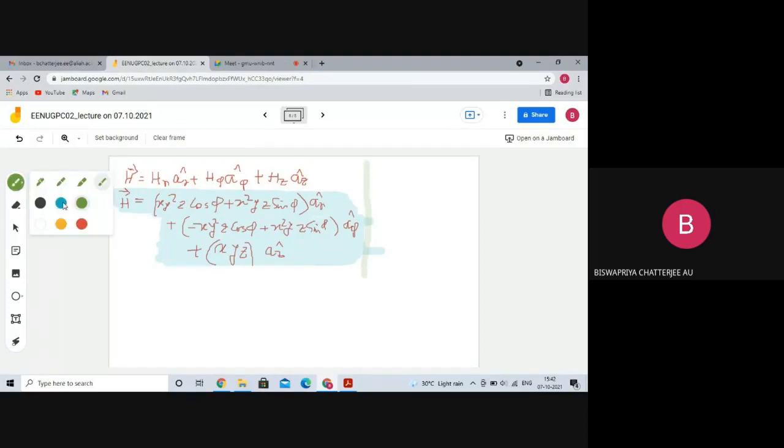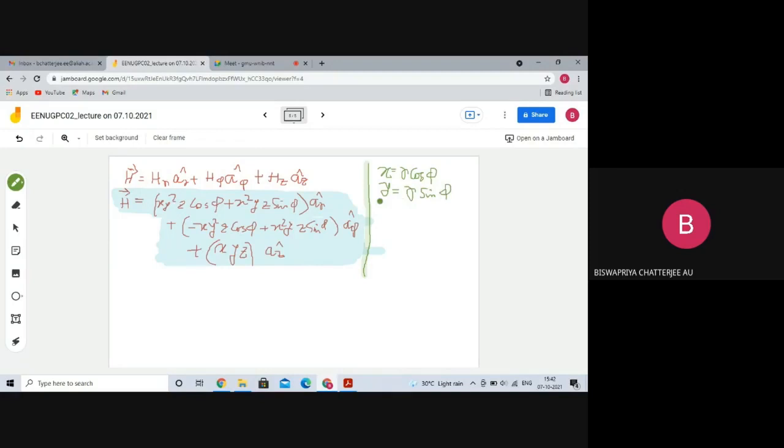Okay. So what job you need to do? In place of x, you must substitute what x is. What is x? That is x equal to r cos phi. And what is y? r sin phi.